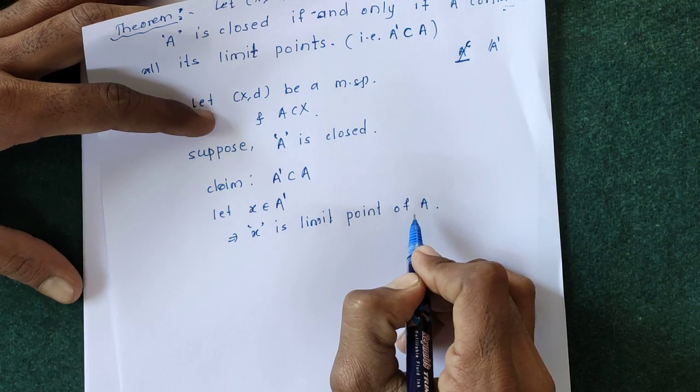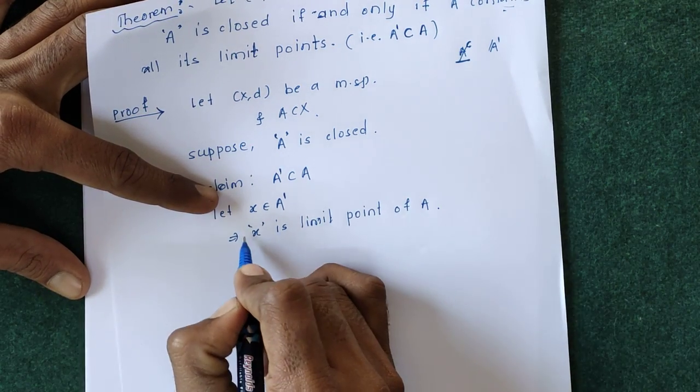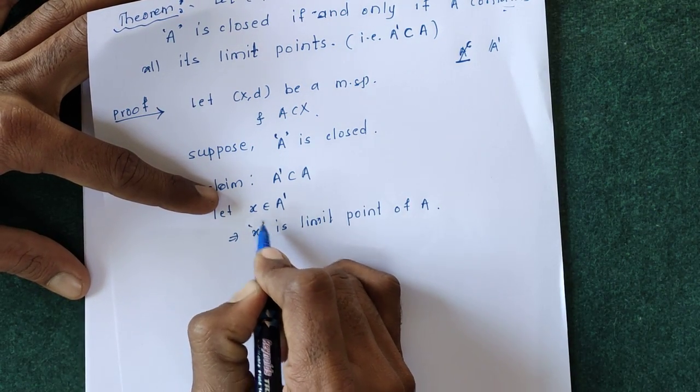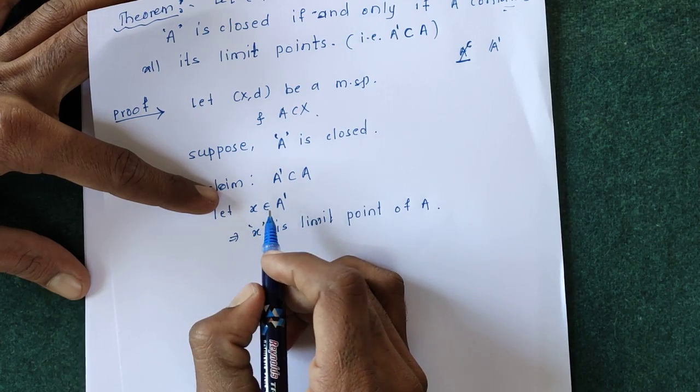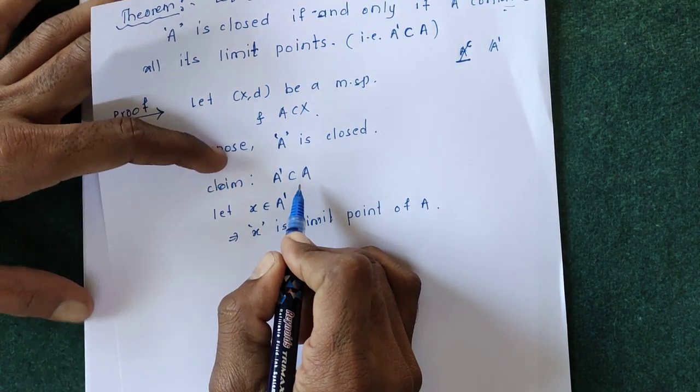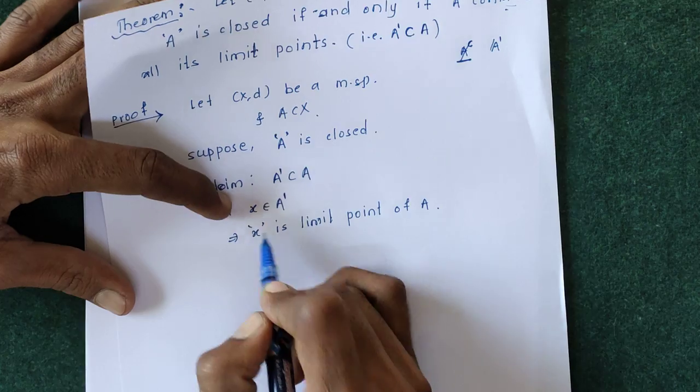Now, x is a limit point of A means for any radius, if you draw the open sphere, then its intersection with A contains at least one point other than x.